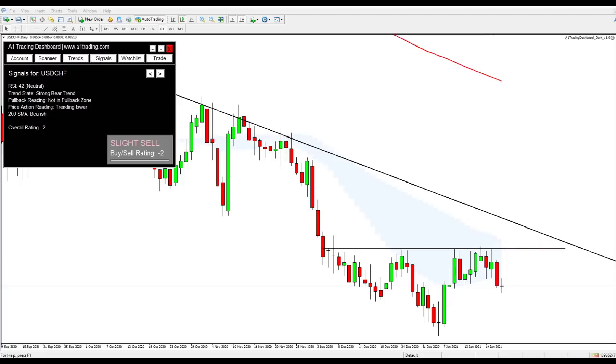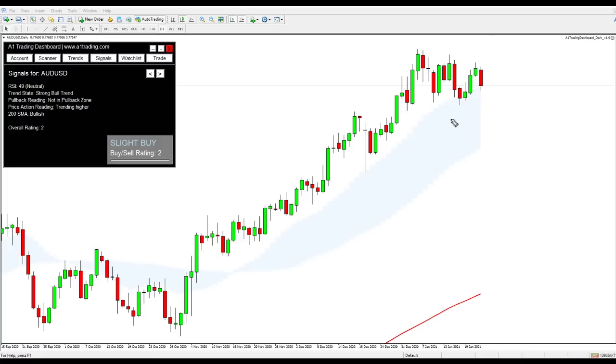In fact, the best setup that I see here personally would be if we tagged that long-term trend line to the downside, pullback zone, and horizontal level of resistance, and then we have that long-term bearish momentum. All of that, USD Swiss might be the sell trade that I'm looking for. So that's something I will be looking out for going into this week. That's probably one of my top trades on the list if we do see some bullishness on the US dollar this coming week.